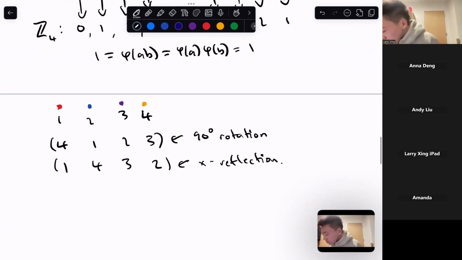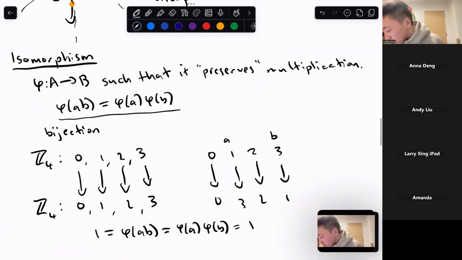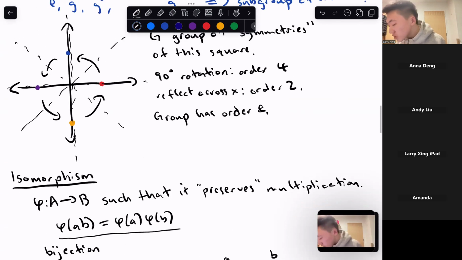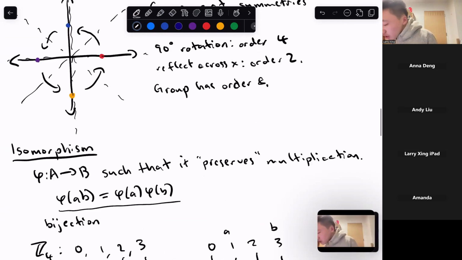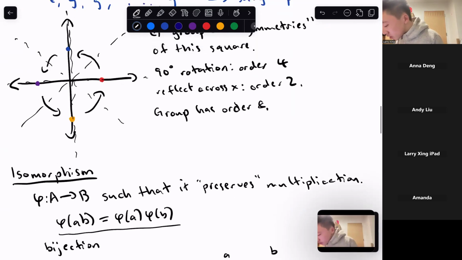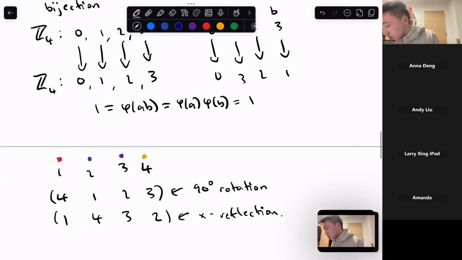So we found one isomorphism from this rotation group to this set of permutations, but there are actually other isomorphisms. For example, if we just scrambled the order of these yellows, reds, blues, and purples, we would get different isomorphisms.